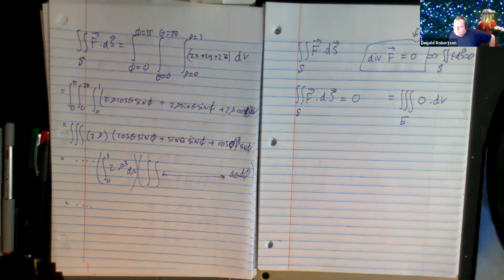A flux of 0 means everything that's coming into the surface is balanced by what's leaving the surface, right? That's what a flux of 0 sort of means, right? All the stuff coming in is balanced by all the stuff going out, right? What's your gut feeling?